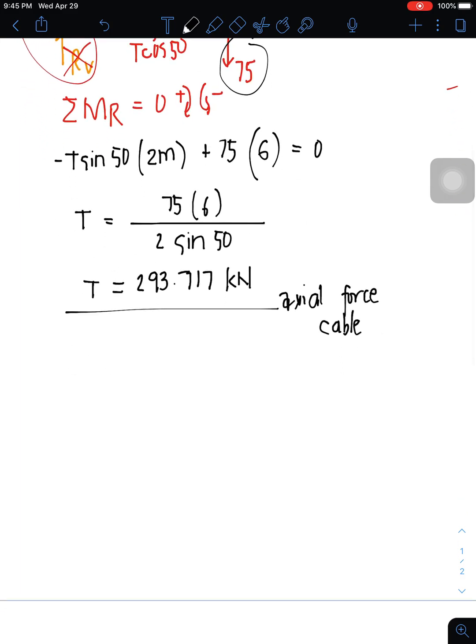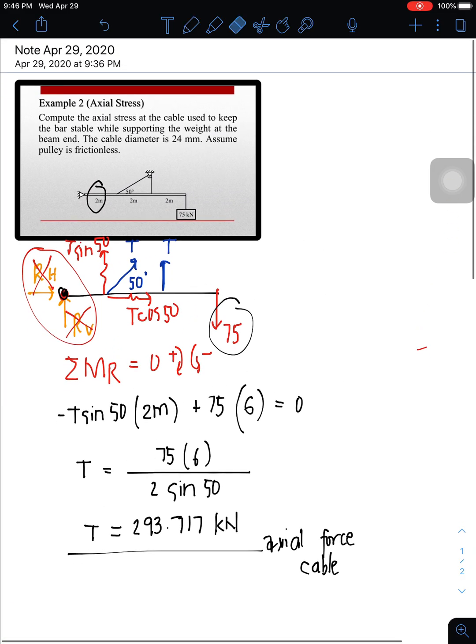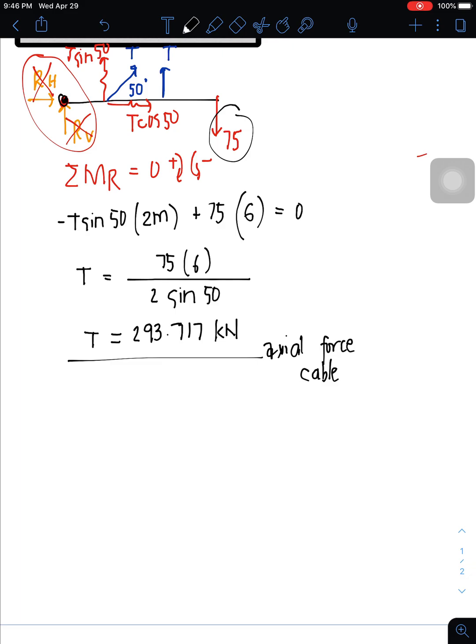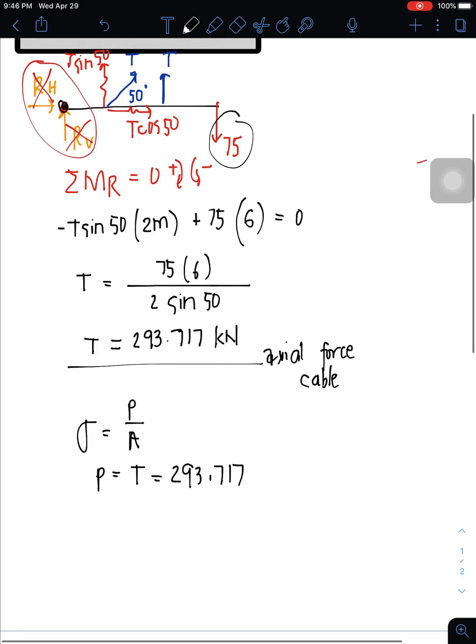So with that, we can now proceed to solving for the stress, since we're tasked to solve for the axial stress in the cable. And the diameter of our cable is 24. So the stress is equal to P over A. Our P here is equal to T, which is 293.717. What is our area?